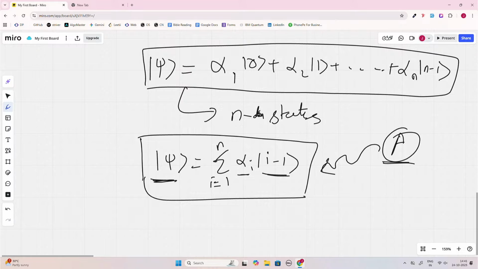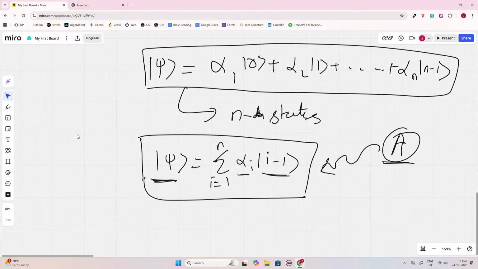When I measure a quantum state of n states, n basis, with an operator called A, then this quantum state will project, or I can say decompose, to one of the eigenstates of A. That's a simple deal.